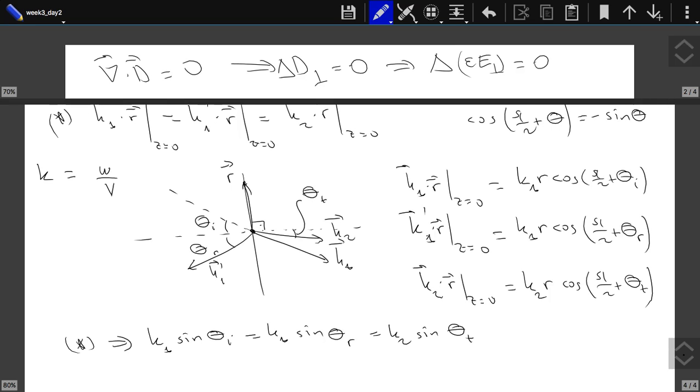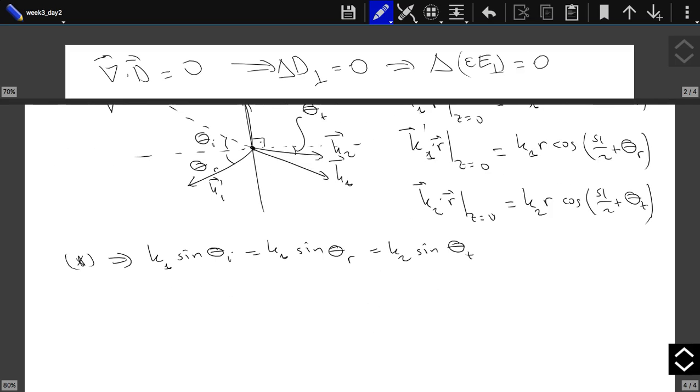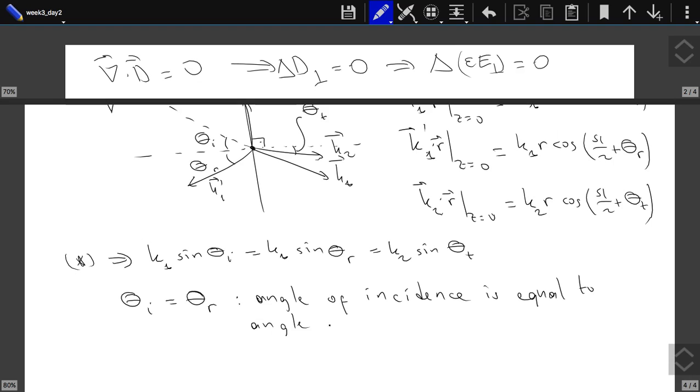Sines of two angles are equal, and I know that both of them are between 0 and pi over 2, so those two angles should be the same. Angle of incidence is equal to angle of reflection.